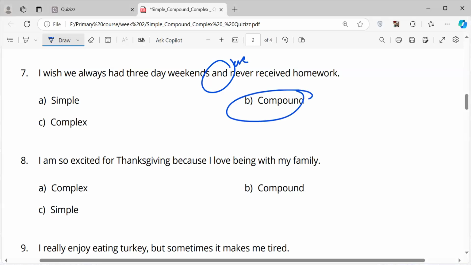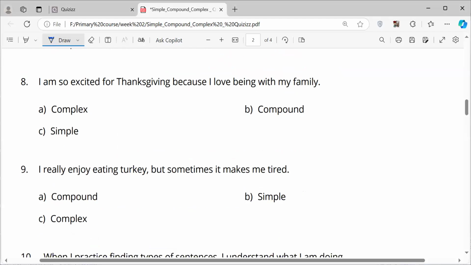This is what? Compound. Yalla Mariam, the last question. I'm so excited for Thanksgiving because I love being with my family. This is what? Complex. Excellent, Mariam.